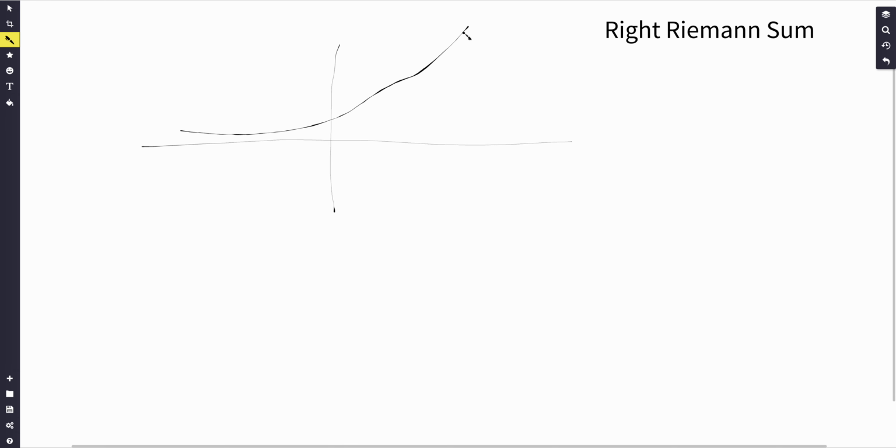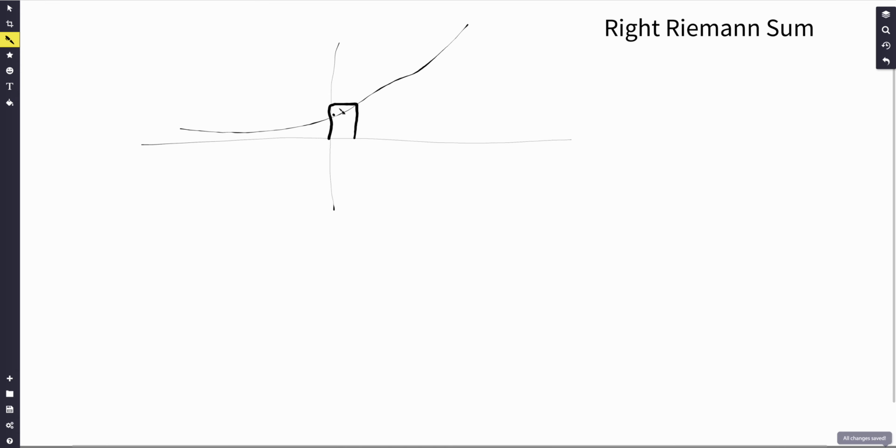What a right Riemann sum tells us is we have to start from the rightmost point. So we can start from right here and then build like that and that, a rectangle. And so we say we want to find the area from here to here. So we would do the same thing now. We would do another rectangle, that's like right here.